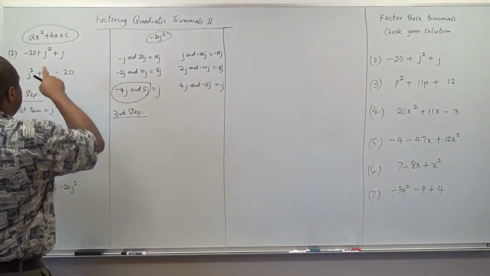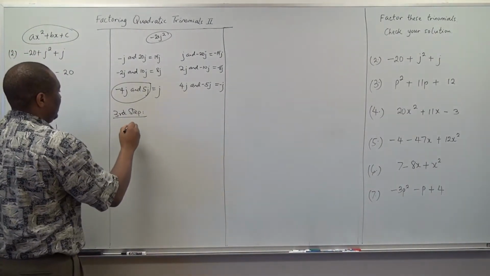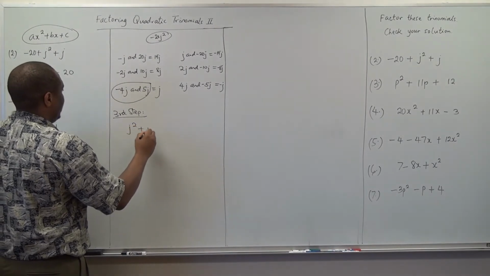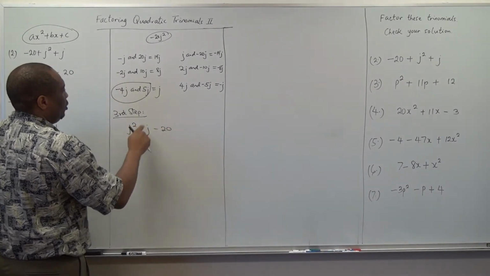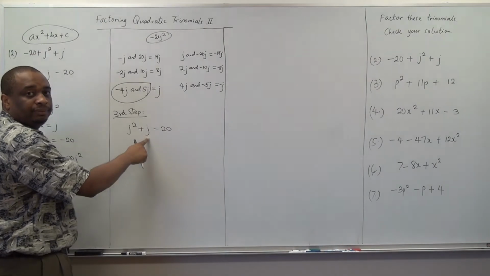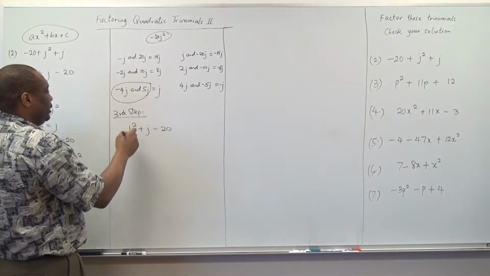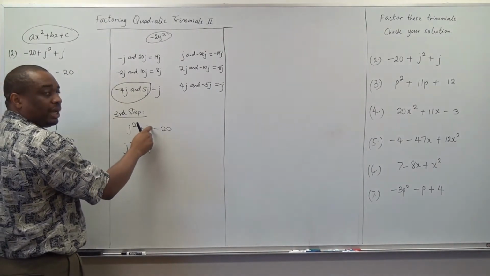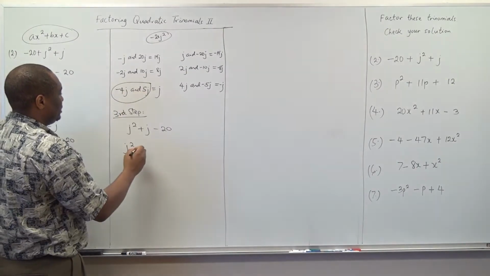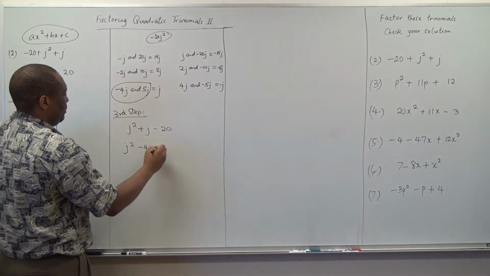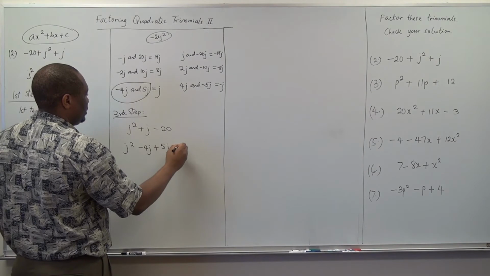So we now replace this. We had j squared plus j minus 20. We replace this j with these two factors, negative 4j plus 5j minus 20.